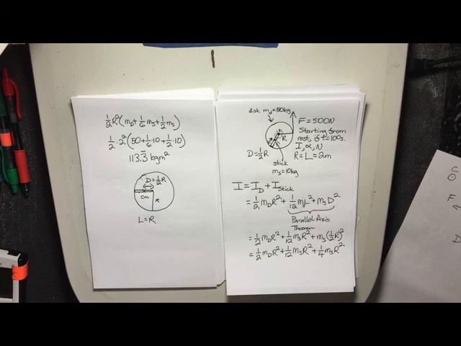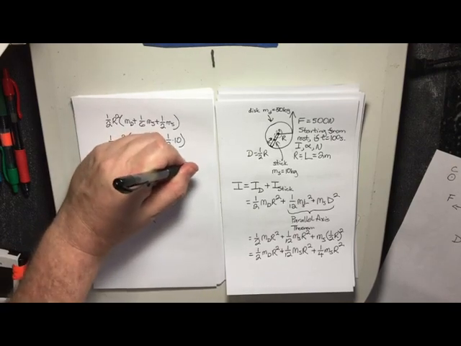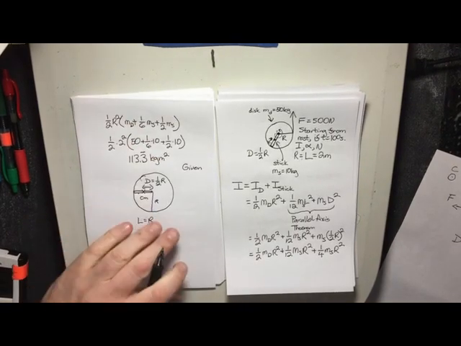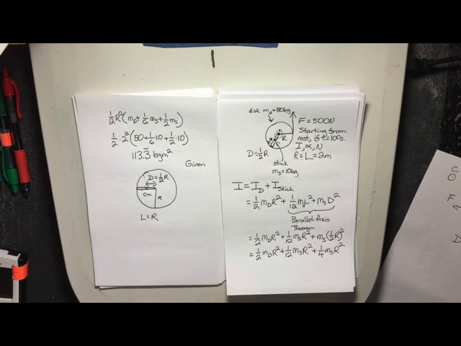Before we started doing the factoring, we have 1/12 ML squared. Is that 1/12 just a given number? That'll be a given number. I will give you, probably we're not going to do spheres.